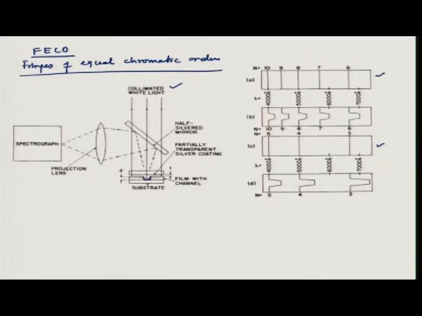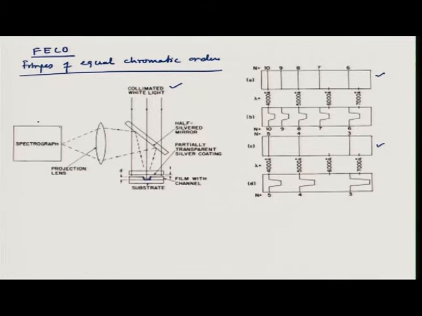So we are not going to go into the exact discussion of that, but you can use a white light, and you do not have to scan, you can just scan using a spectrograph the intensity at different wavelengths of that light. So this is called FECO, or fringes of equal chromatic order.